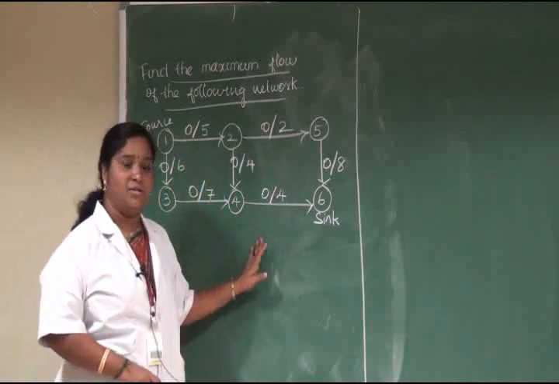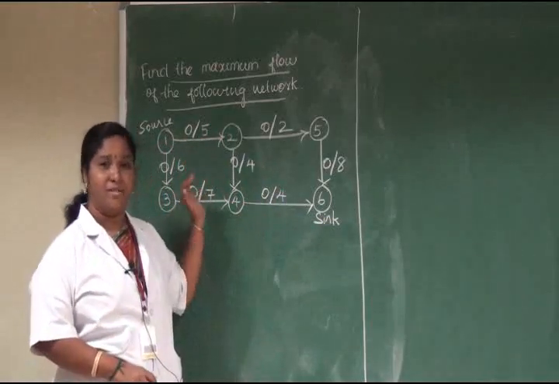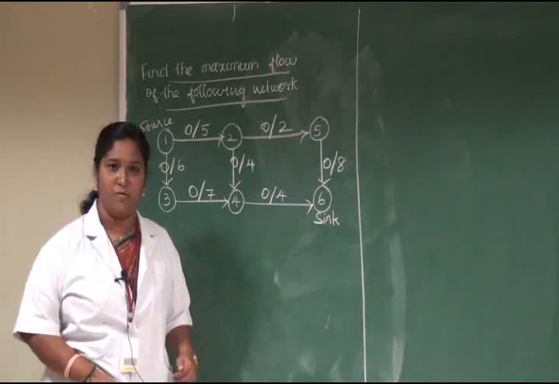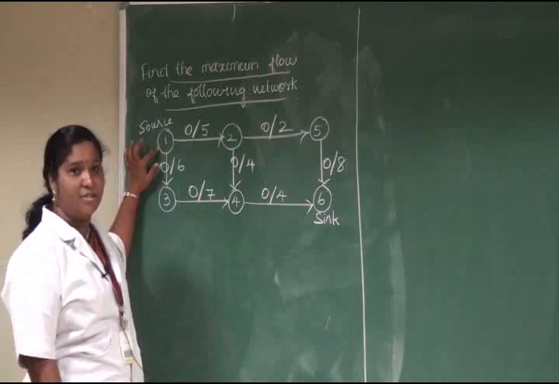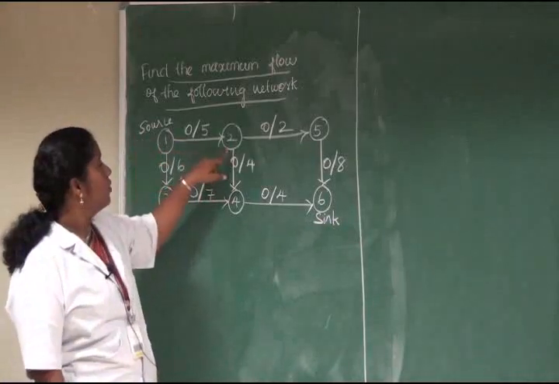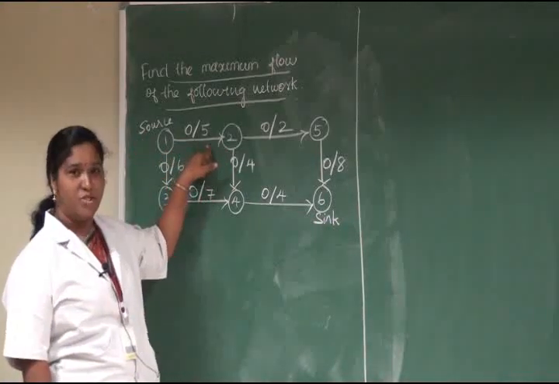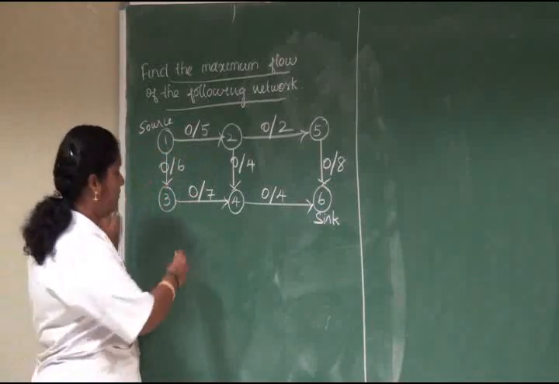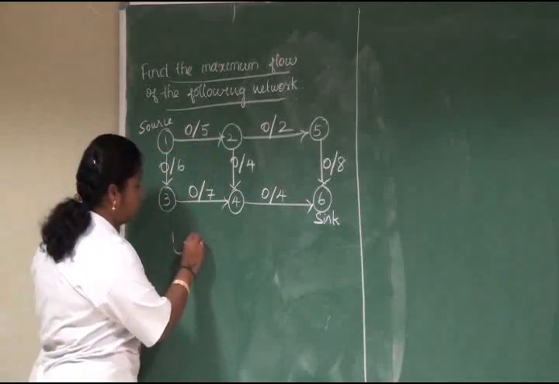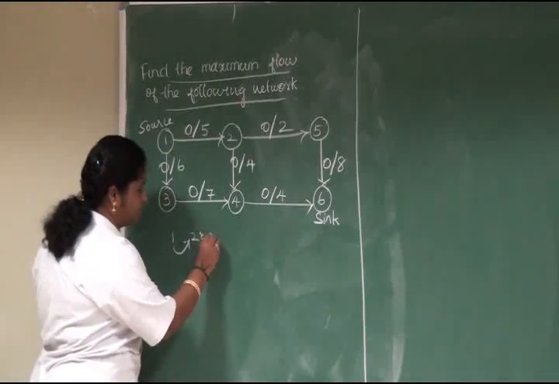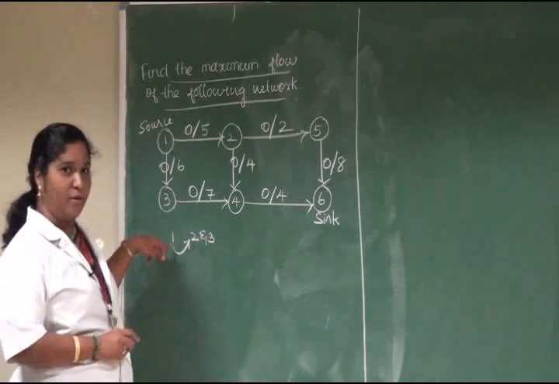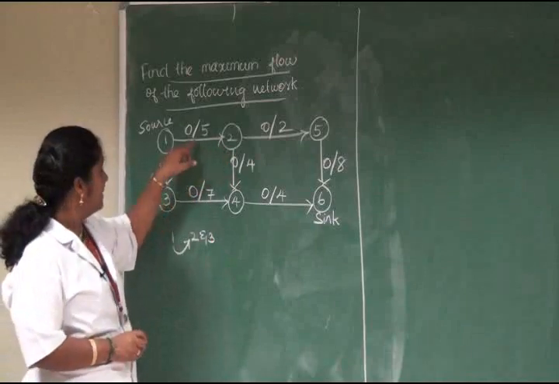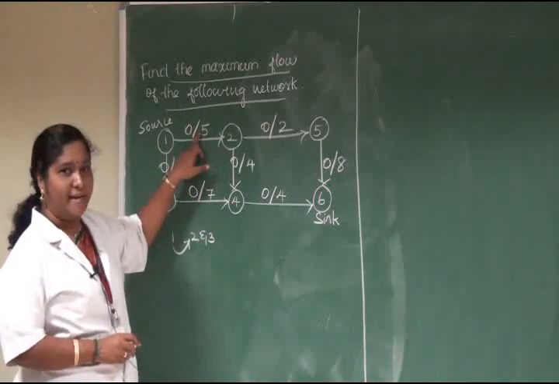Similarly for other edges also. Then we have to traverse this network by a breadth first search starting from the source vertex. From the source vertex you can go to vertex 2 through this edge, and also to vertex 3 through this edge. First consider vertex 2, and here we have to calculate the remaining capacity.